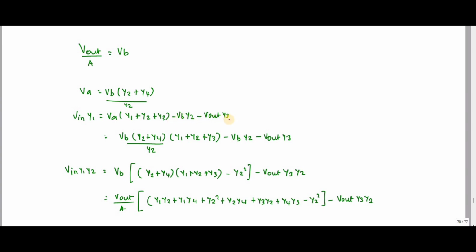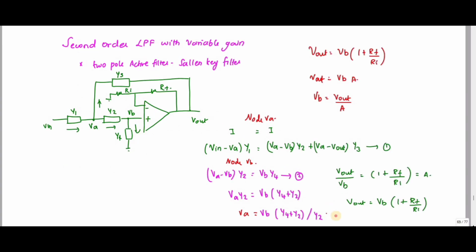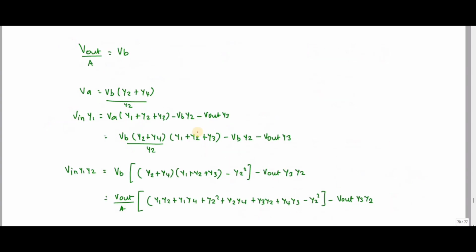Now I can substitute the value of VA from the third equation. Instead of VA, I can substitute VB into (Y2 plus Y4) divided by Y2. If I multiply Y2 on both sides, I'll get this equation.